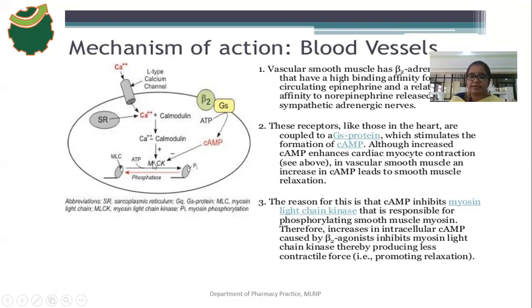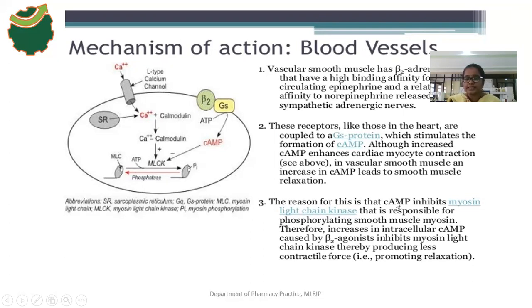The MLCK activity decreases, meaning phosphorylation of myosin protein is inhibited. As a result, the contraction effect is reduced. So nothing but a relaxant effect will be produced.